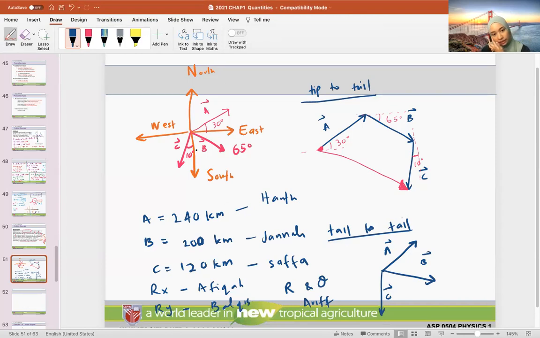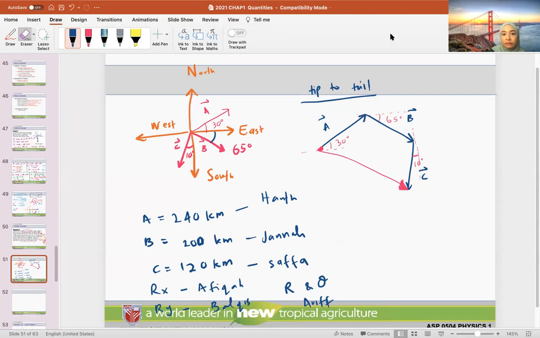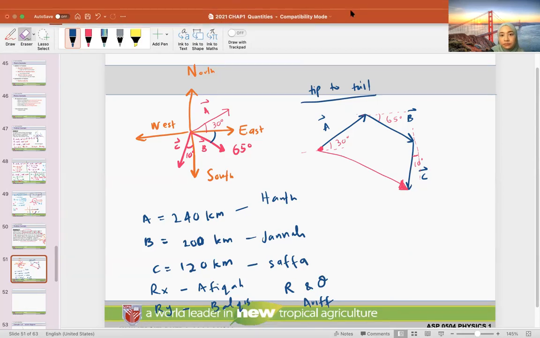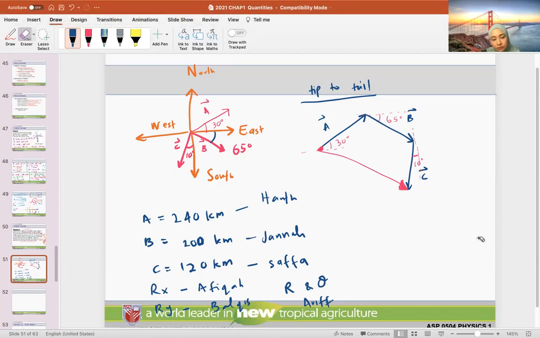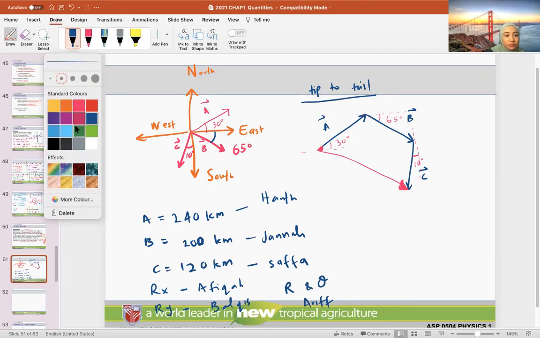And then refer to this diagram for your angles. This is 65. Let's use purple.